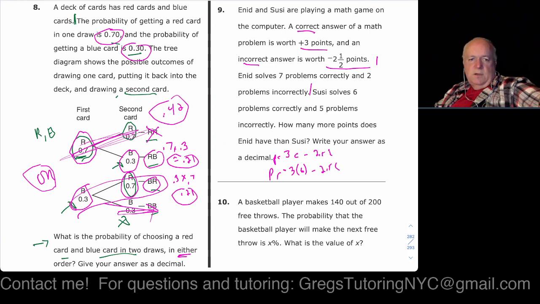All right, so for her, she's going to have 18 minus 12.5. And that's going to give her 5.5.